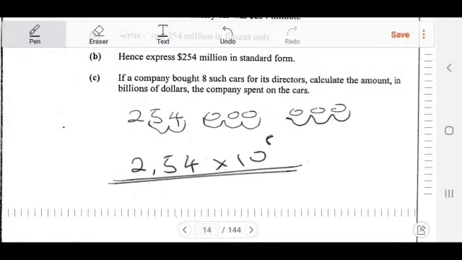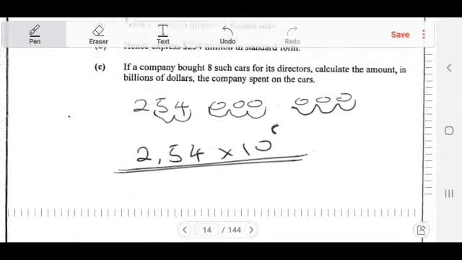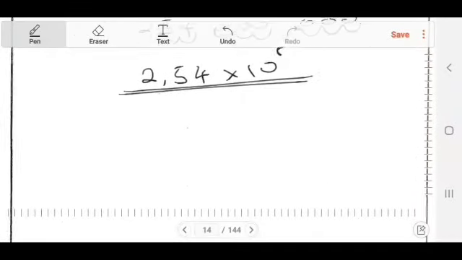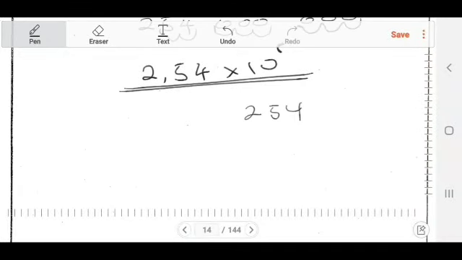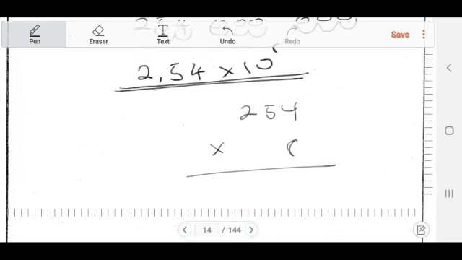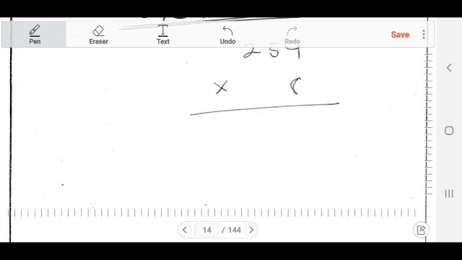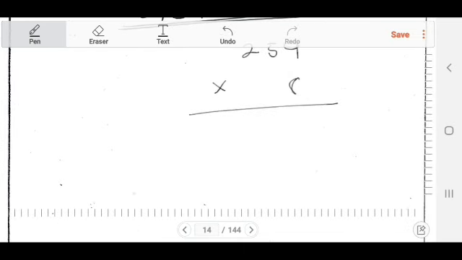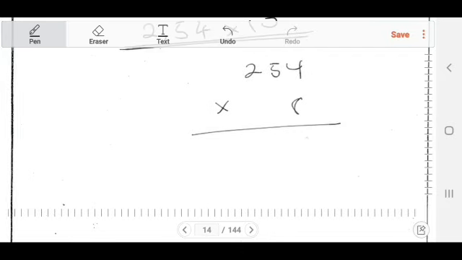This is it. Then if a company bought 8 such cars for its directors, calculate the amount in billions of dollars the company spent on cars. So we simply say 254 times 8. How much do we get there? Let's calculate. 8 times 4 is 32, so we get 2 there, carry 3. Then 8 times 5 is 40 plus 3, which is 43.